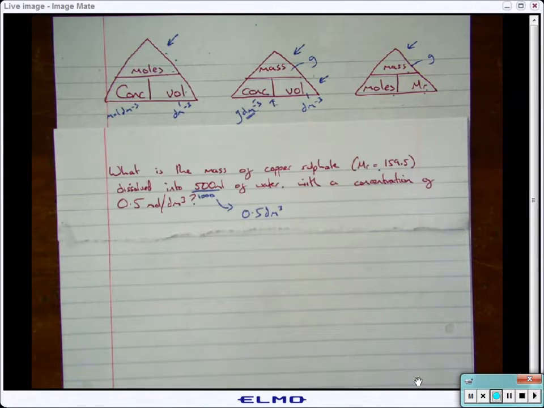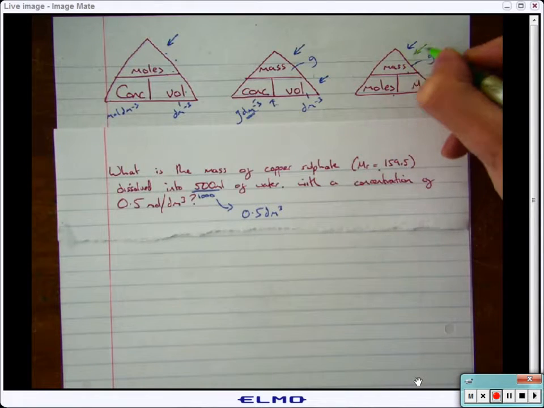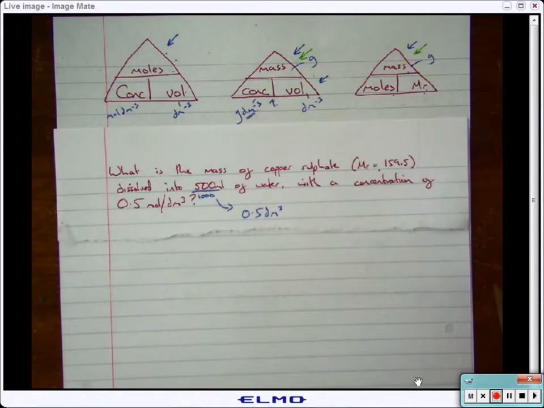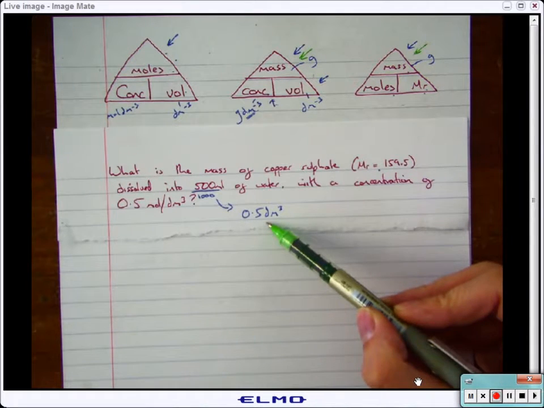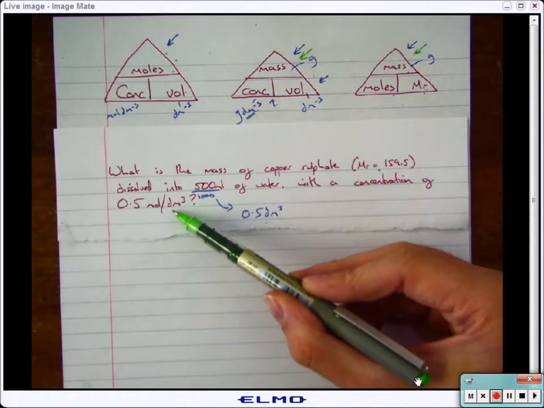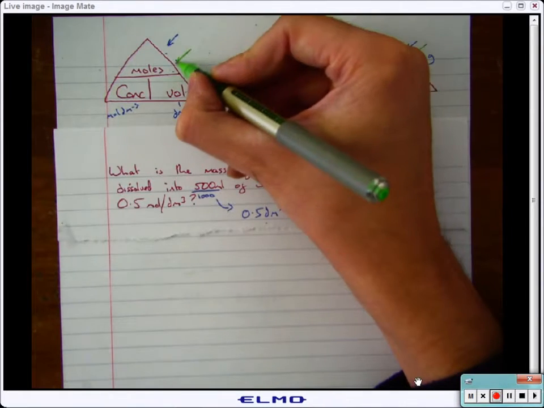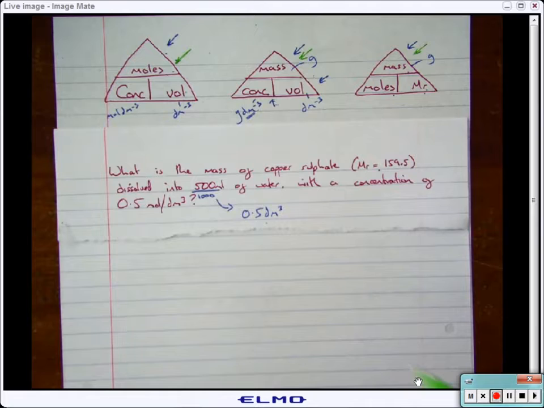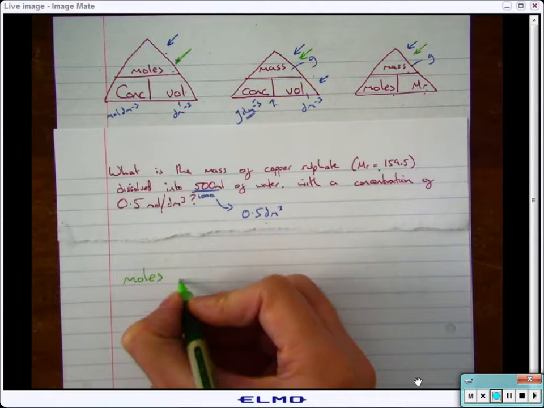Now the next thing is saying what is the mass. So I can use this one here, and I can use this one here. It's also saying I've got a volume of 0.5 and I've got a concentration of 0.5 moles per decimeter cubed. So I'd be looking at this one here and what information I can find out. Because I've got concentration and volume, I can work out the moles.